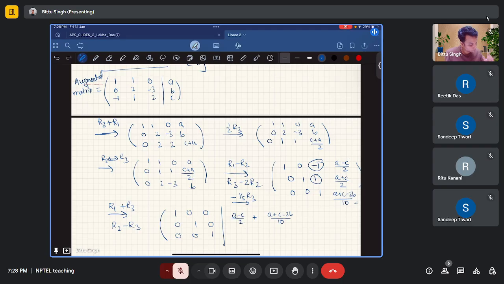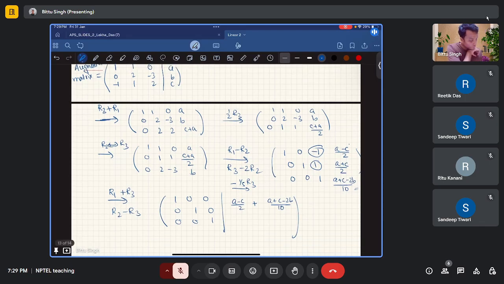And similarly, just a minute. Okay, so I am getting this here, and the second thing is R2 minus R3, that is a plus c by 2 minus a plus c minus 2b by 10. Oh, I have done some mistake.